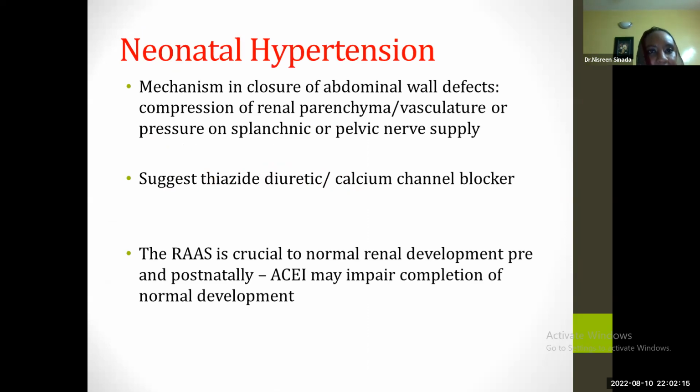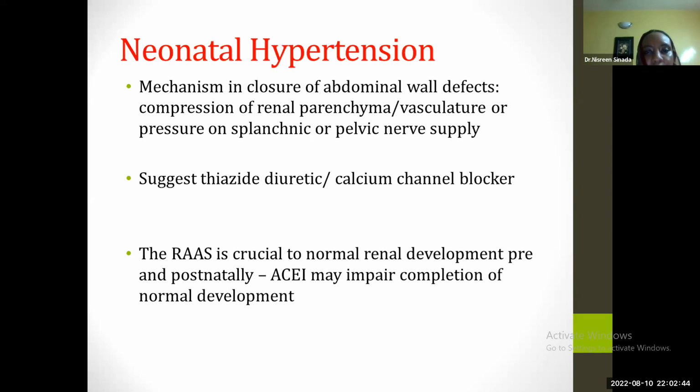Just a few words about neonatal hypertension and closure of abdominal wall defect. The mechanism is compression of the renal parenchyma and vasculature, or pressure on the splanchnic or pelvic nerve supply. We suggest thiazide diuretics and calcium channel blockers. The renin-angiotensin-aldosterone system is crucial to normal renal development pre- and postnatally, and ACE inhibitors may impair completion of normal development.